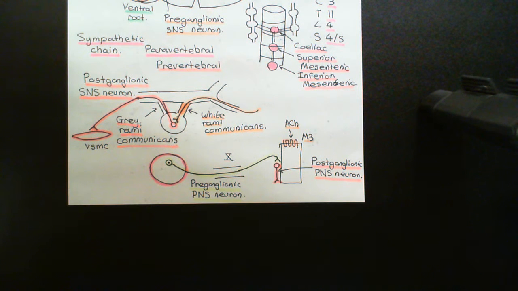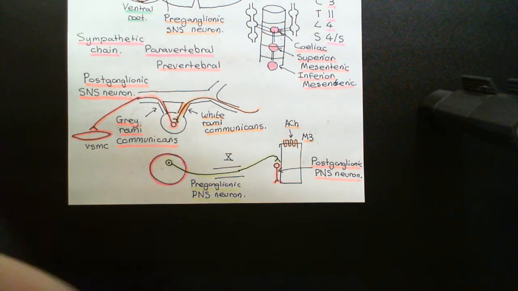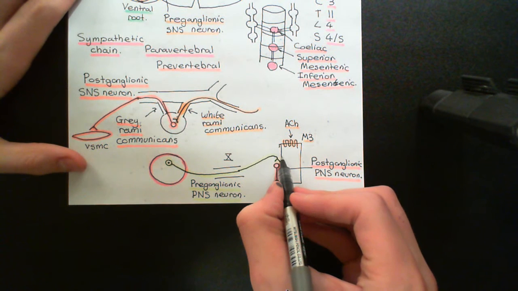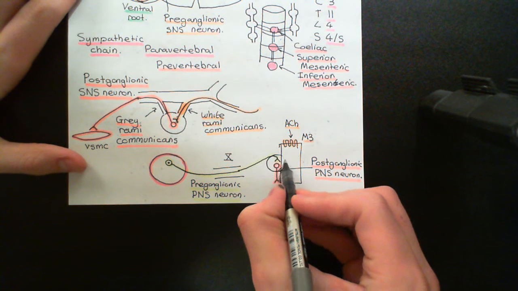At the heart you have tiny little ganglia in the walls of the heart, which are the parasympathetic ganglia, where the preganglionic parasympathetic nervous system neuron will be synapsing onto a postganglionic parasympathetic nervous system neuron.